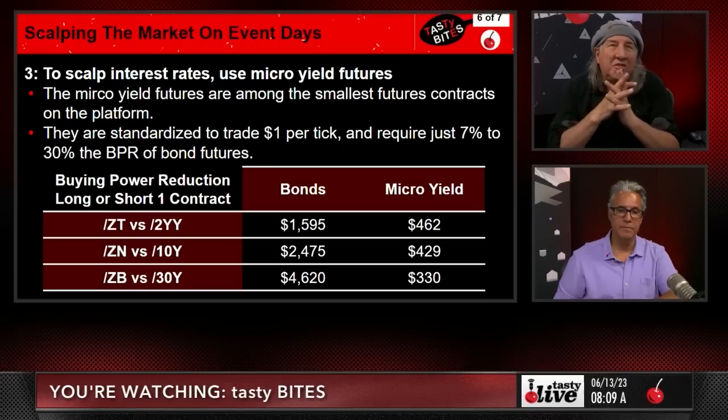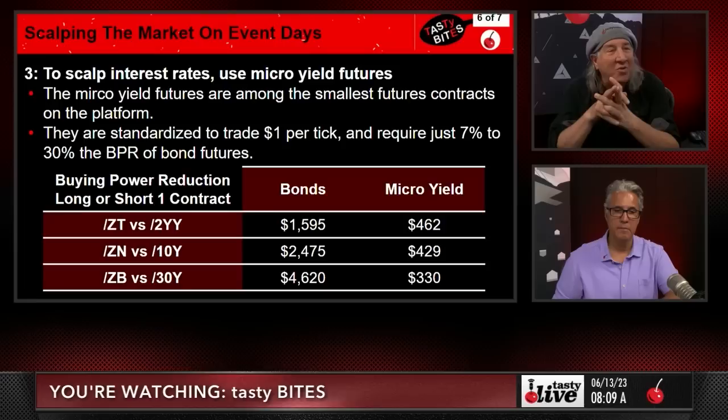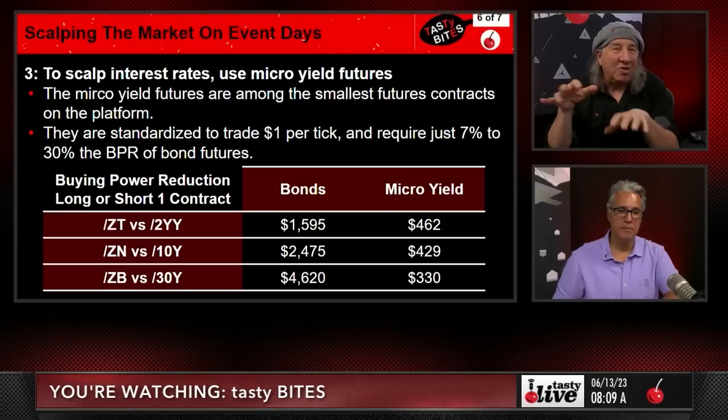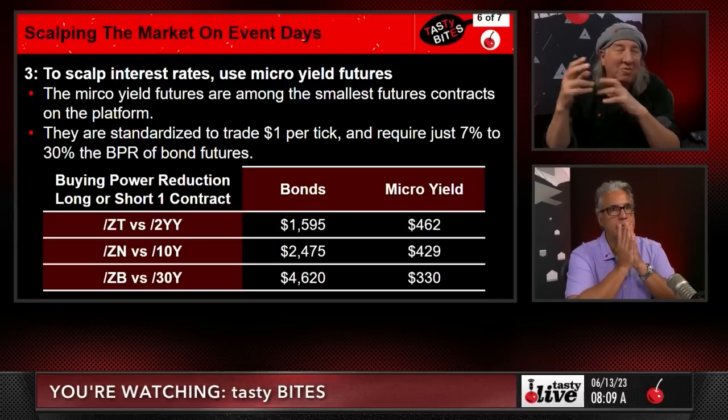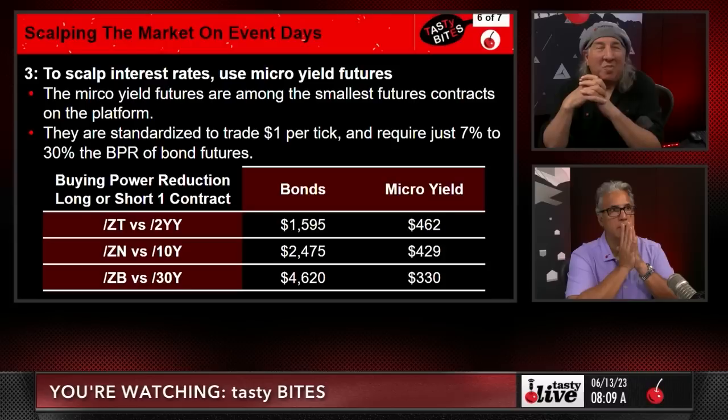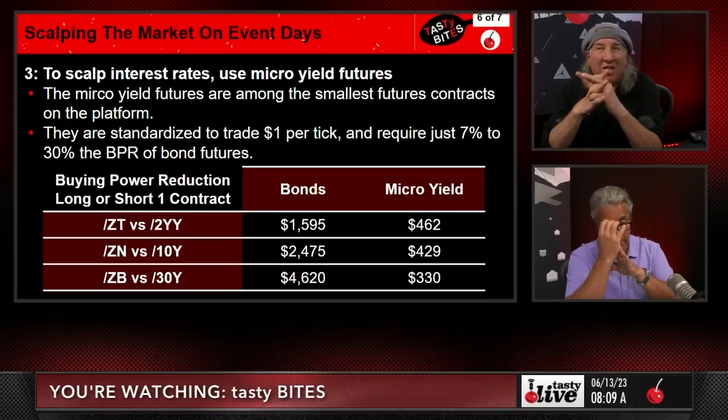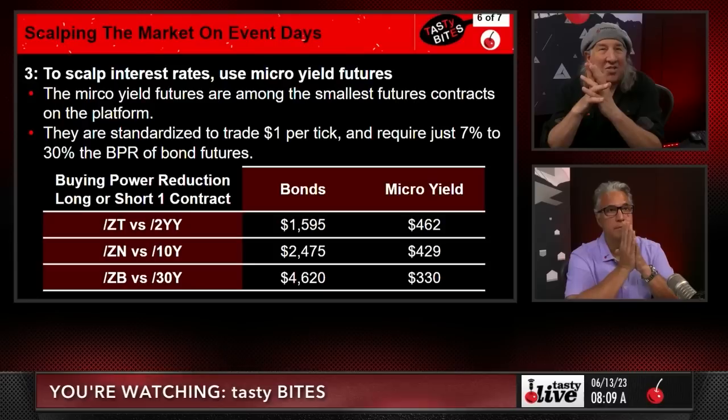So to scalp interest rates, there's such a thing called the micro yield futures. When we built the small exchange, we had a really nice product on there, but we couldn't get enough traction. When we re-release the small exchange next year, you're going to see all new products from us. But for now, micro yield products are among the smallest futures contracts on the platform.